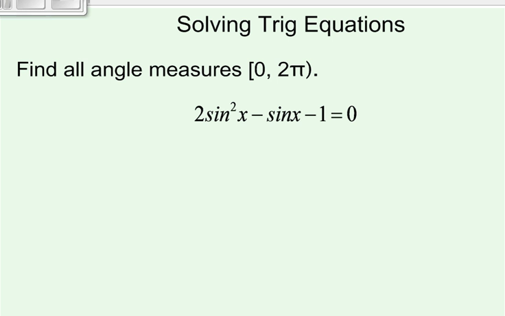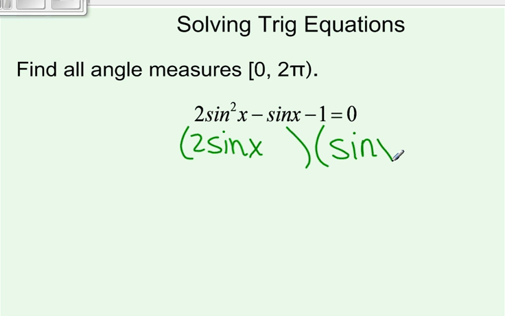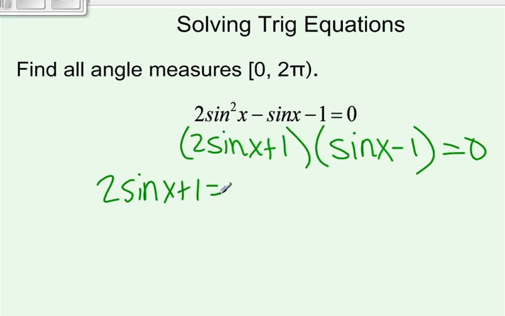So we would factor this and we would get a 2 sine of x plus 1 and a sine of x minus 1, equals 0. And then we have our factors, and we're going to set each of those equal to 0 and solve.